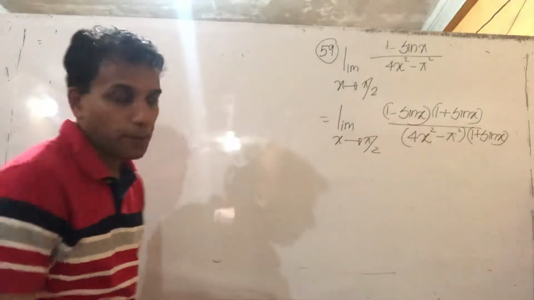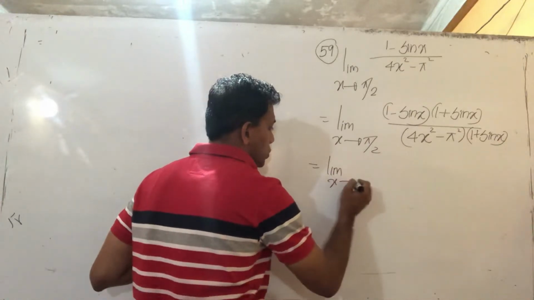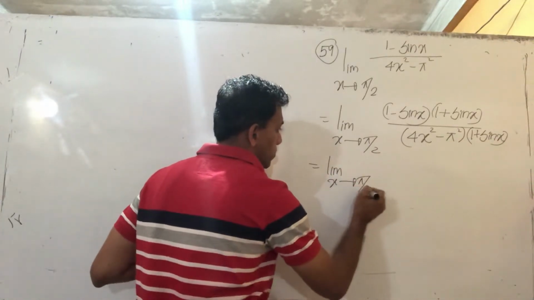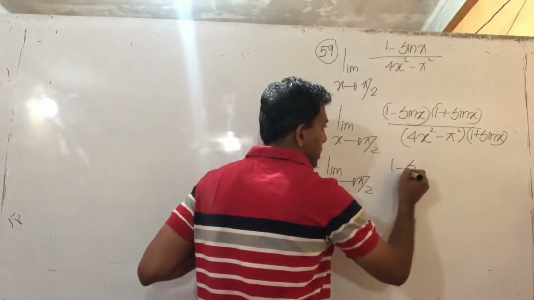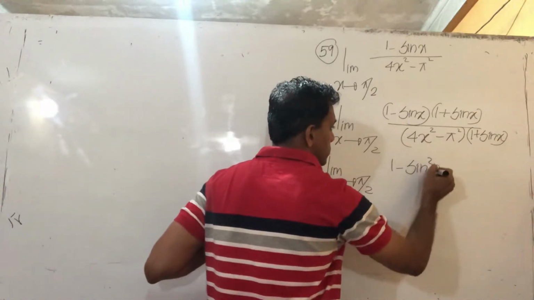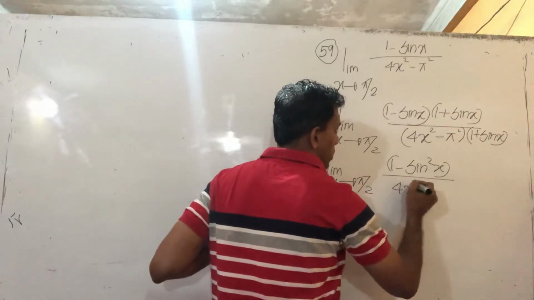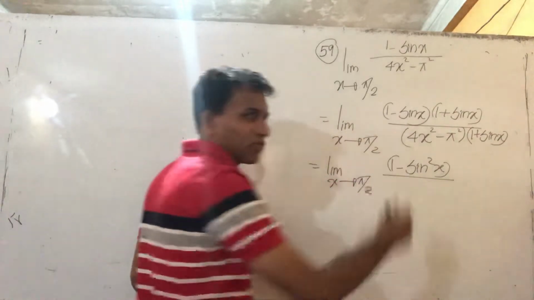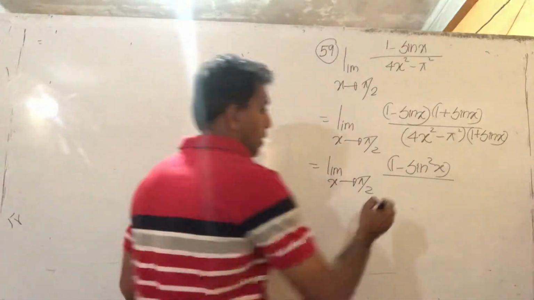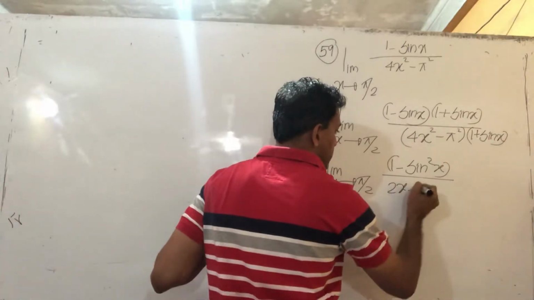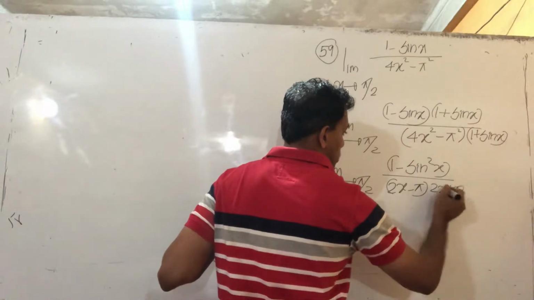Above and below multiplied. Okay, now say limit x approaches pi by 2, (1 minus sine x)(1 plus sine x), 1 minus sine square x, over 4x square minus pi square. You can factorize 4x square minus pi square as (2x minus pi)(2x plus pi), factorization, right?